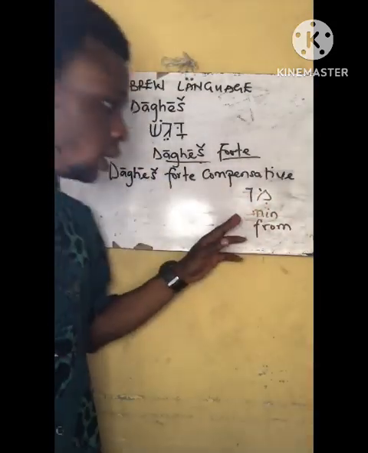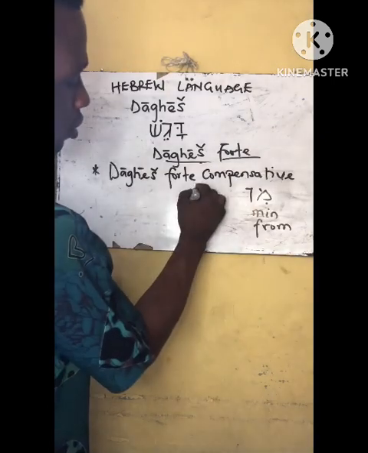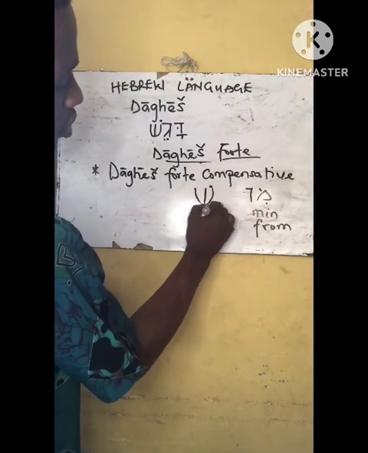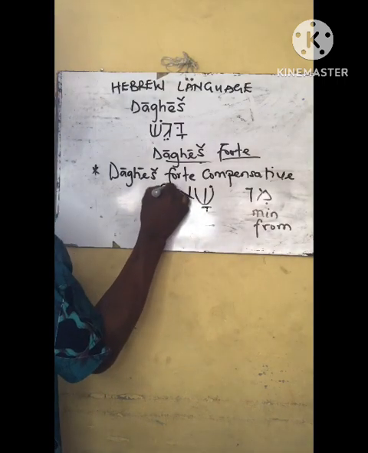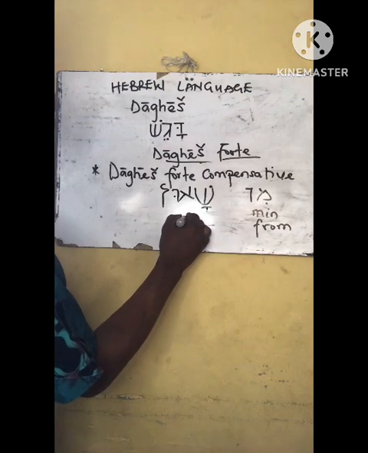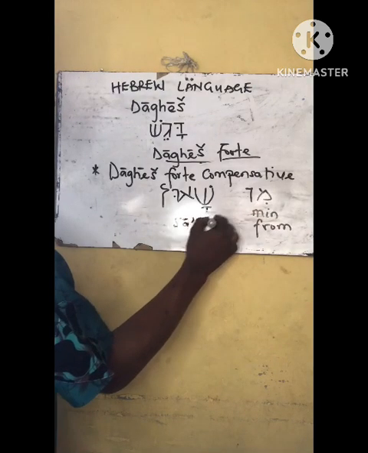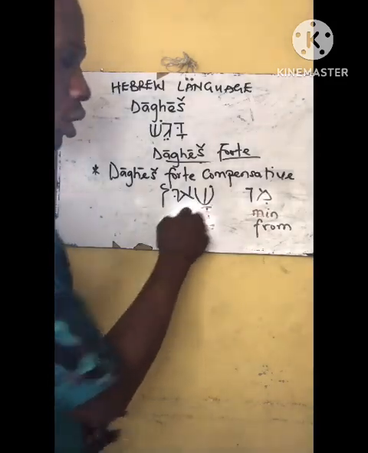So this is min. Now let's add this name, Shahul. So min Shahul.